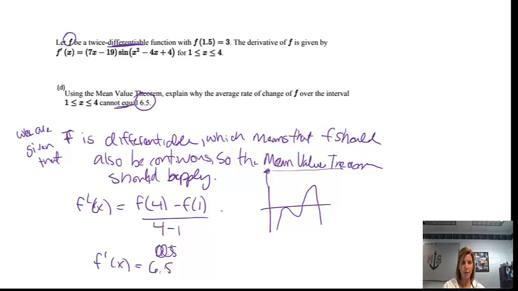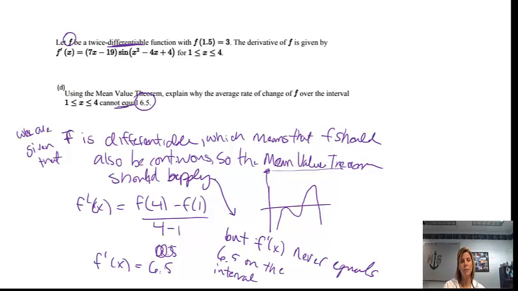Should apply, but f prime of x never equals 6.5 on the interval. So we're not really breaking the mean value theorem. It just never had the condition where we would even have to compare it to the other one. So hopefully that makes a little bit of sense. A little weird.